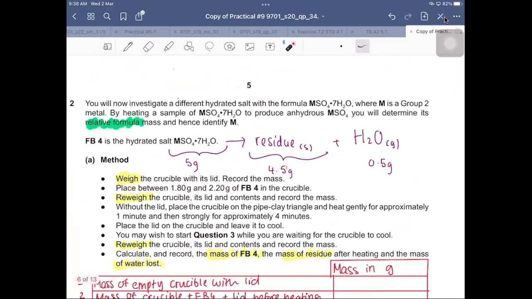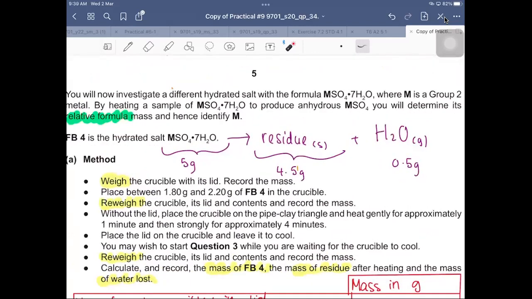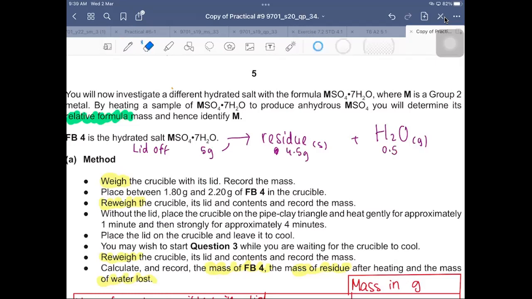So I'm going to use some made up numbers. With the lid on, which is the normal procedure, I started with 5 grams: 4.5 grams residue and 0.5 as my water vapor that has escaped.